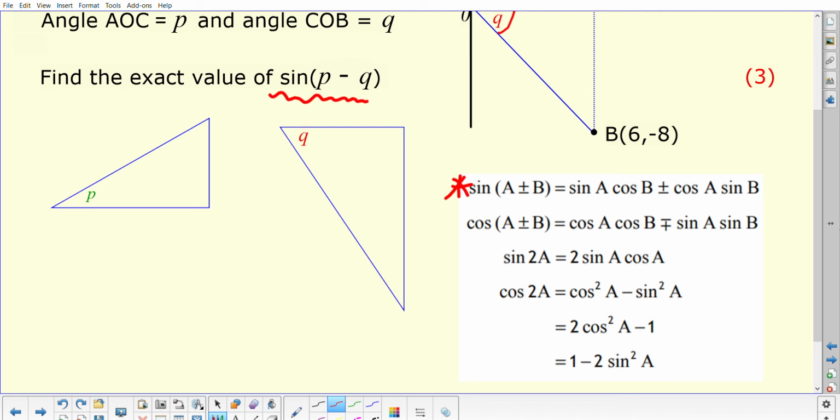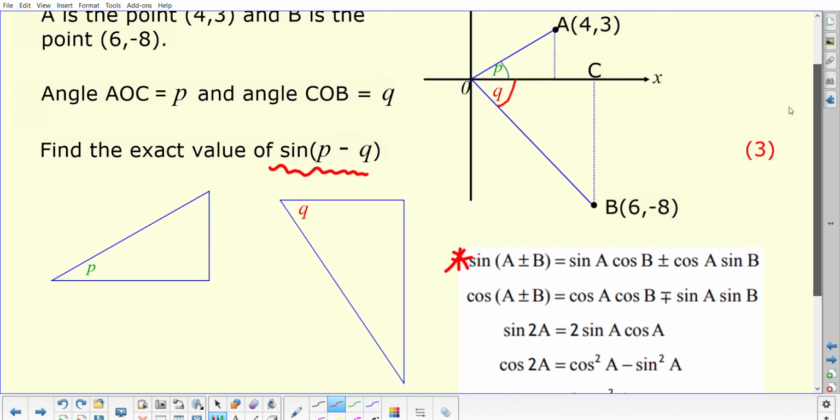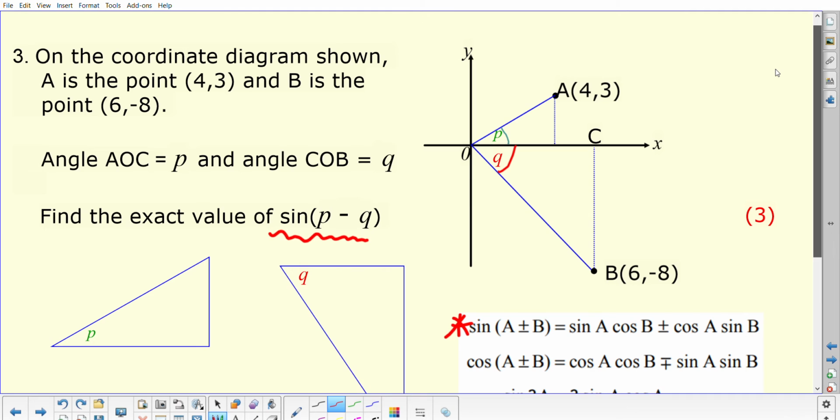So what information are we given in here? We are given two right angled triangles, we've got coordinates of points, and I'm going to say you should have drawn out the triangles separately. The coordinates are just there to help you identify the lengths of the lines.